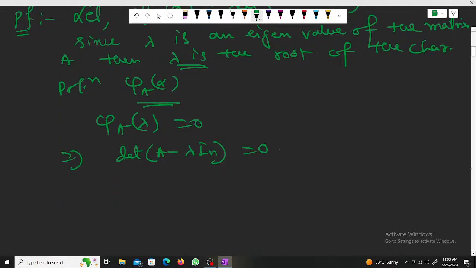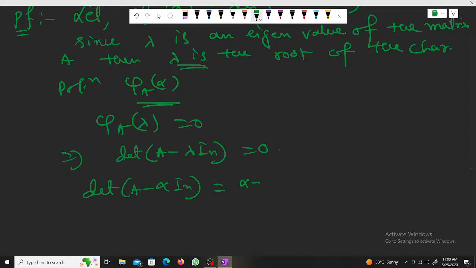Then we can write determinant of A minus alpha In is equals to alpha minus lambda to the power r into phi of alpha.